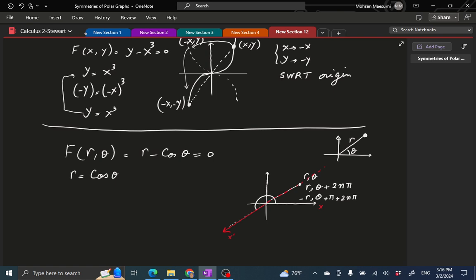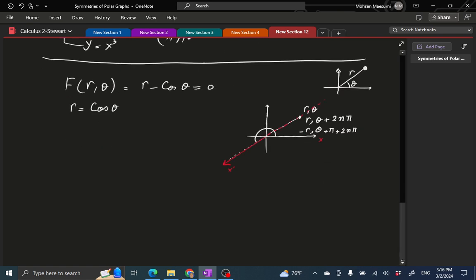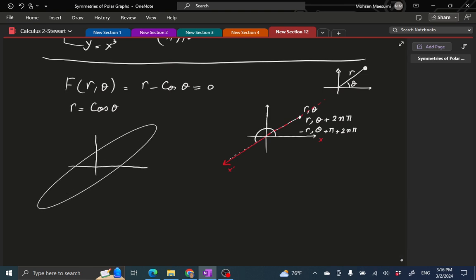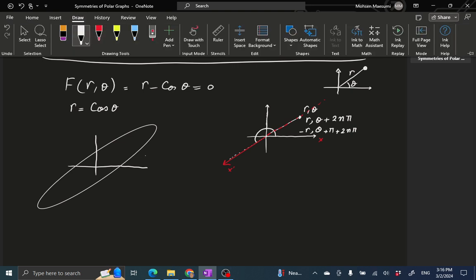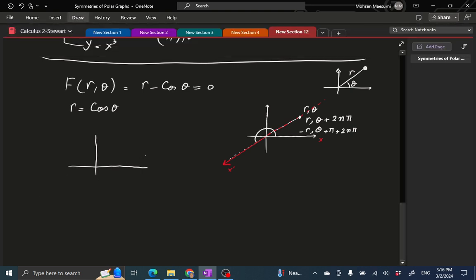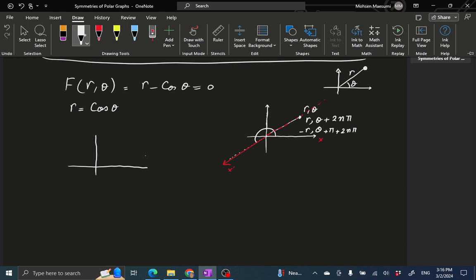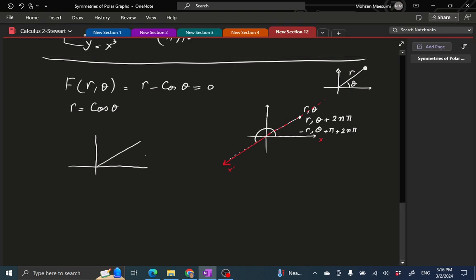To summarize, let's redraw this thing. If I'm at the location r and theta, we always remember that theta is up to a 2n pi.